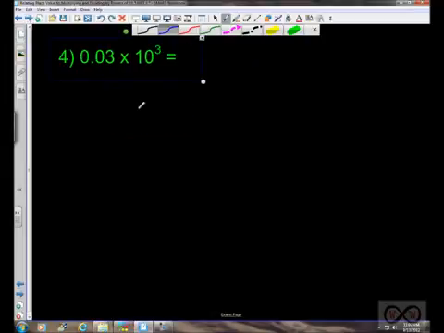Next example. We're starting off with the decimal 300ths. You could also think of that as 3 cents or 300ths of a dollar. And we're multiplying by 10 to the 3rd power. So you're probably thinking, okay, that means that decimal point appeared to move 3 spaces over to the right.